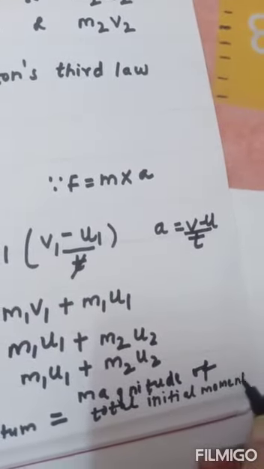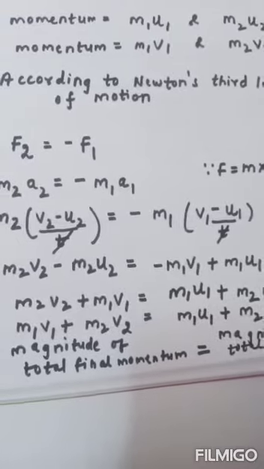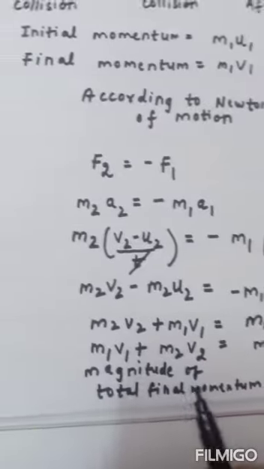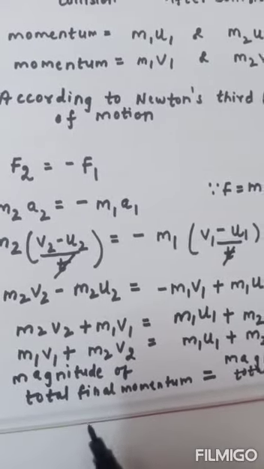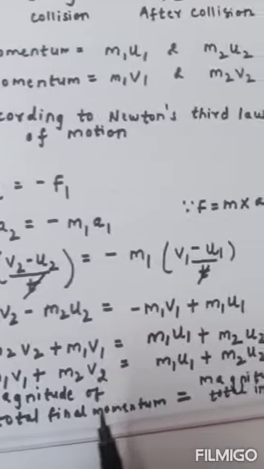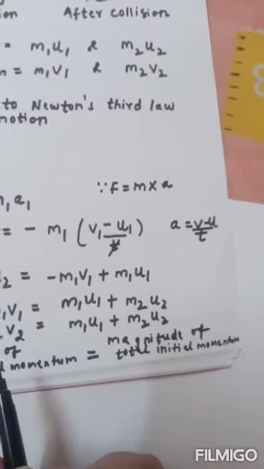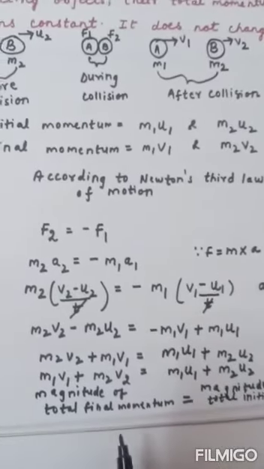So here we derived the law of conservation of momentum. What does it state? When two objects collide, the total momentum before collision is equal to the total momentum after collision. Hope you all have understood the law of conservation of momentum.